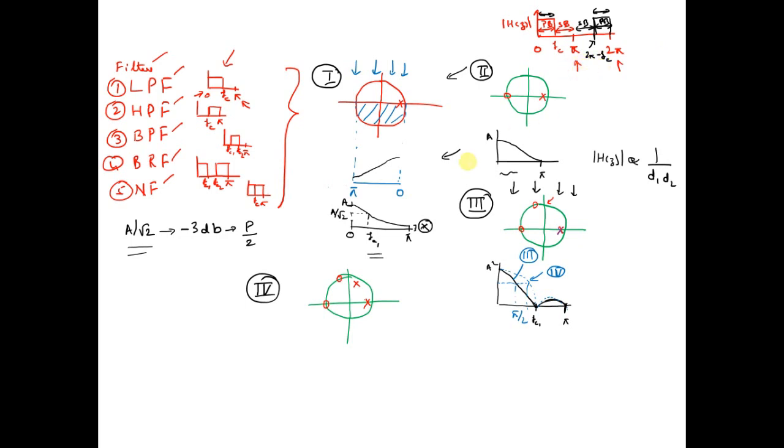Similarly, in the high pass filter, using a similar analogy, we get pi and 2 pi on the axis, and on the y-axis the modulus of H of z. So this is the high pass filter. We have fc and 2 pi minus fc.